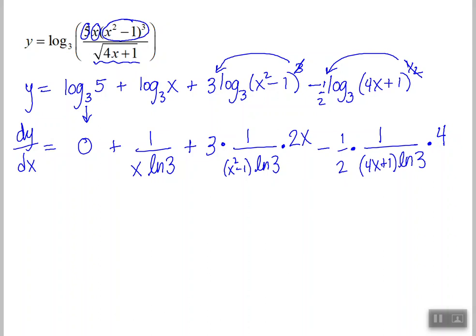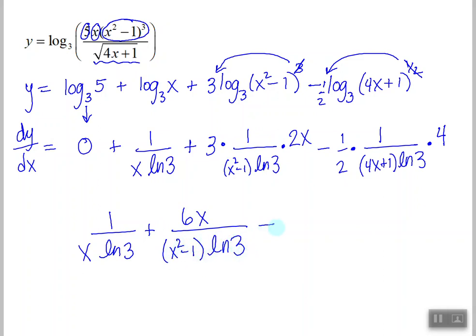I do have a derivative, but I can clean this up a bit. 0 is not needed to rewrite, so I'll just start at 1 over x natural log of 3, plus 3 times 1 times 2x is 6x, over x squared minus 1 times natural log of 3, minus 1/2 times 1 times 4 is 2, over 4x plus 1 times natural log of 3. There's a cleaner derivative.